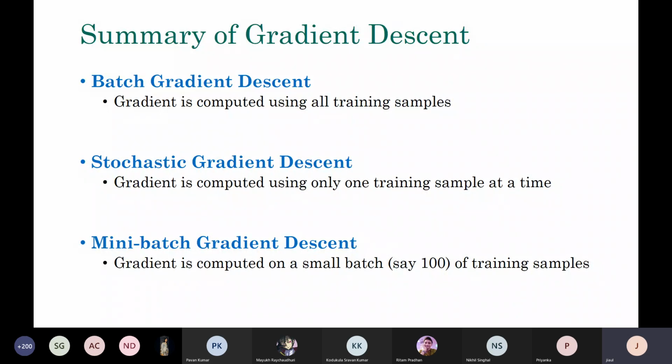These are the main differences between the three approaches. But in all modern deep learning, we use mini batch gradient descent, because it is not computationally too expensive and it is not too brittle, like one element stochastic gradient descent. Up to this, does anybody have any question?